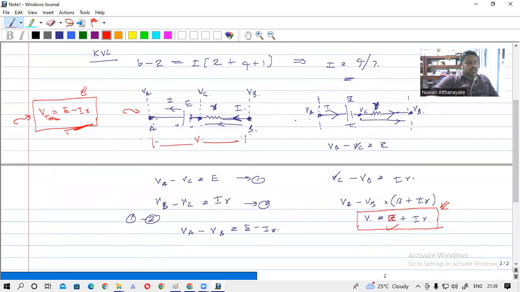But the R is 0, no resistance. If the R is 0, the battery terminal voltage is always equal to the EMF of the battery, in any case, if the internal resistance is 0.